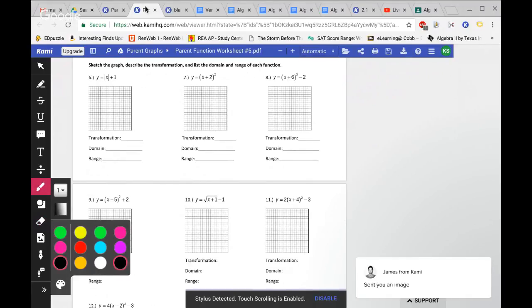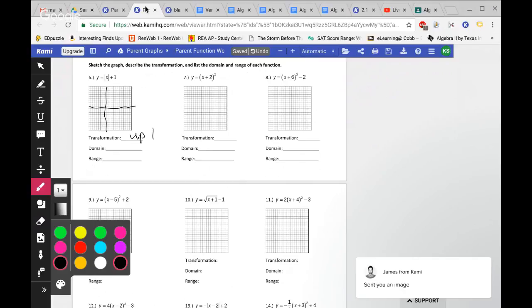All right, so let's talk about that for this first graph on number 6. What's the transformation? Up 1. Yep. So the domain is going to be negative infinity to infinity. And the range is going to be what?